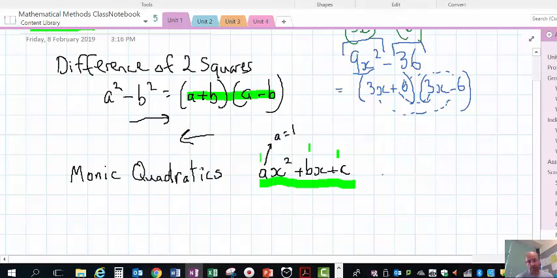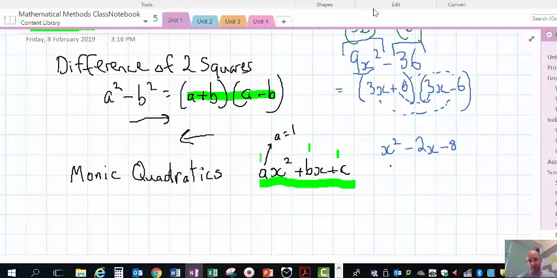So an example of that might be, keeping my color coding consistent, x squared minus 2x minus 8. So that does fit the pattern. A would equal 1, so there's a 1 there, but we don't need to write it, so you'll typically not see anything in front of the x squared there, but there is a 1.